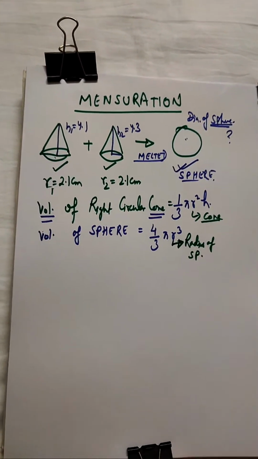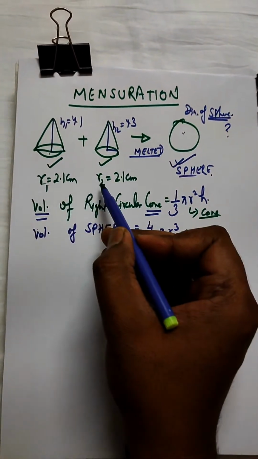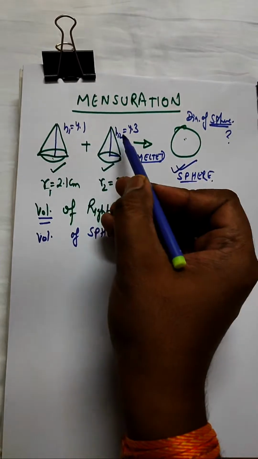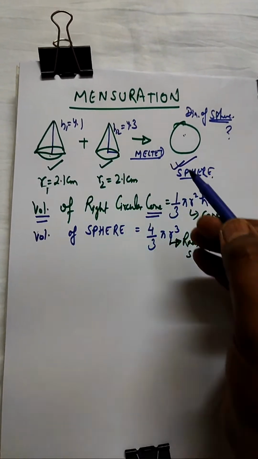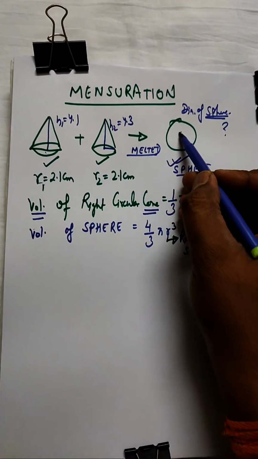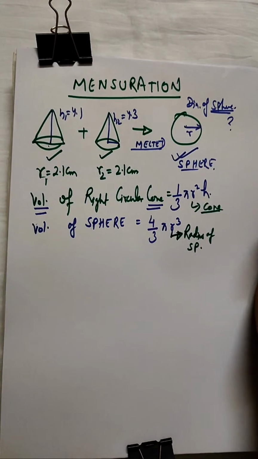To avoid any confusion, let us write R1, R2, H1 and H2 for the two cones, and for the sphere just write R.